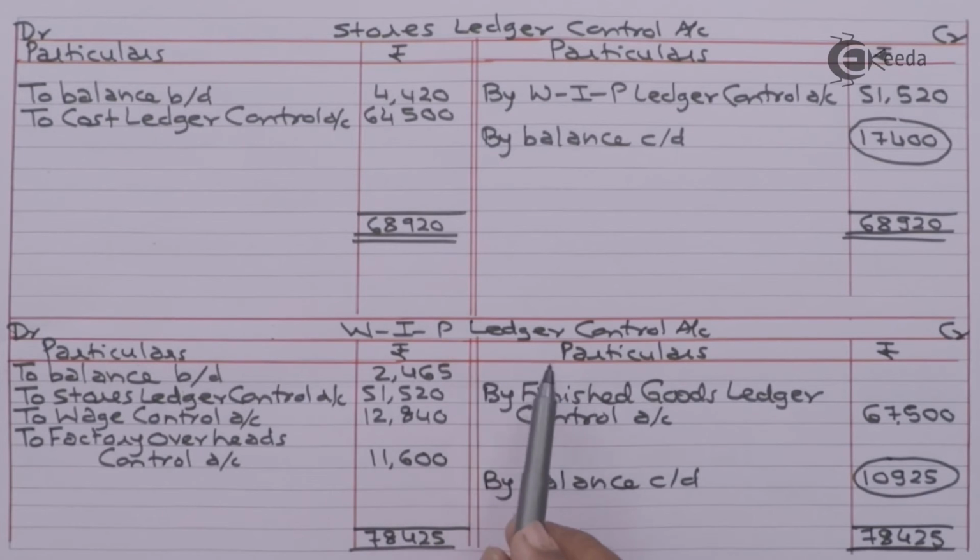Work in progress ledger control account, we are getting a balancing figure on the credit side, 10,925. This is closing stock. It will be carried to trial balance.